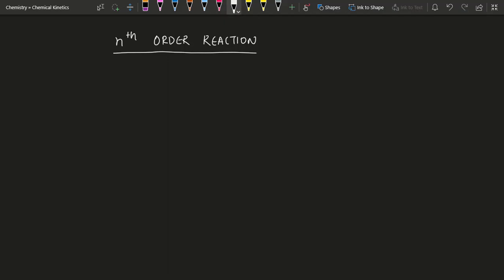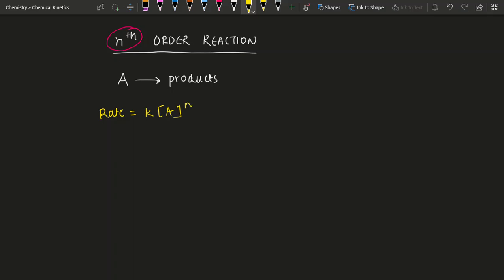So let's begin. Given you have some sort of a reaction wherein A goes to some products, if it is an nth order reaction, that's what we are assuming here, you can write the rate as k times A to the power n.